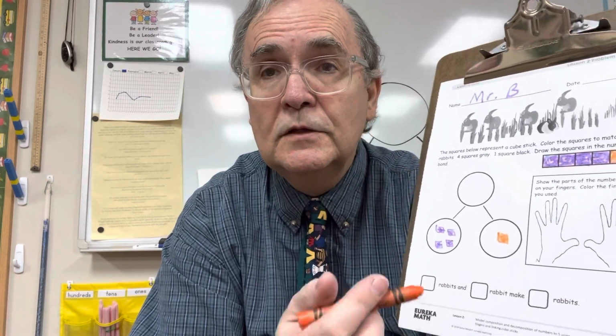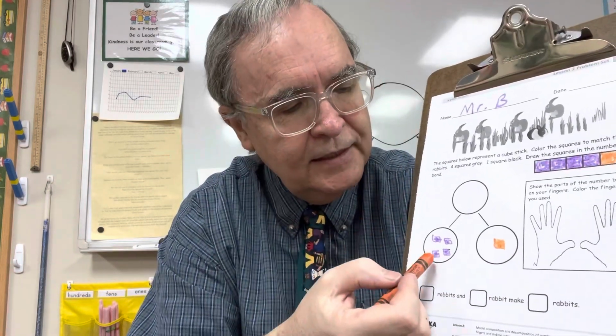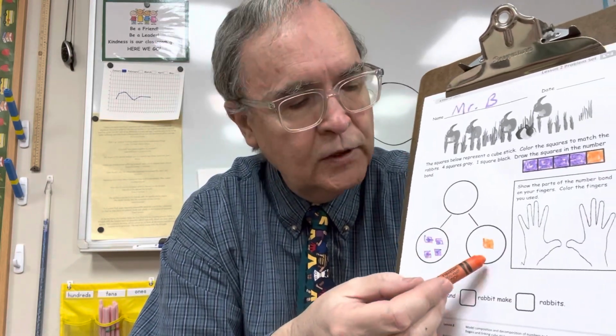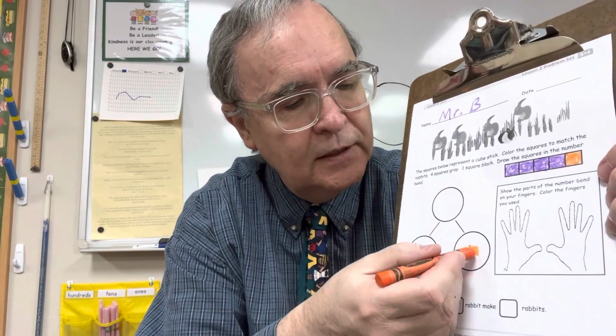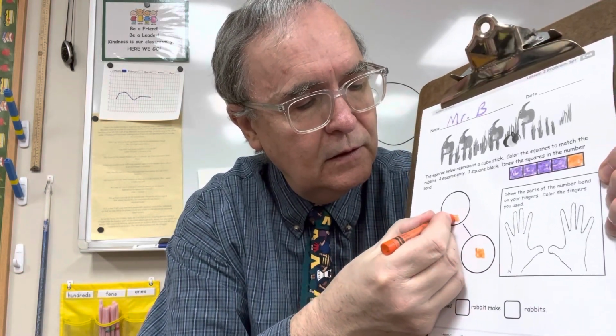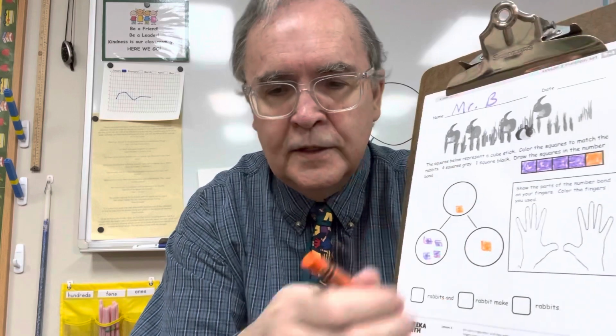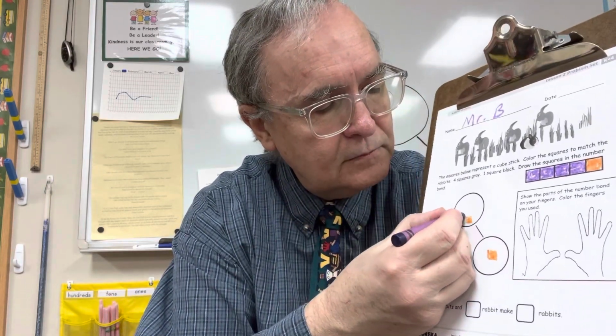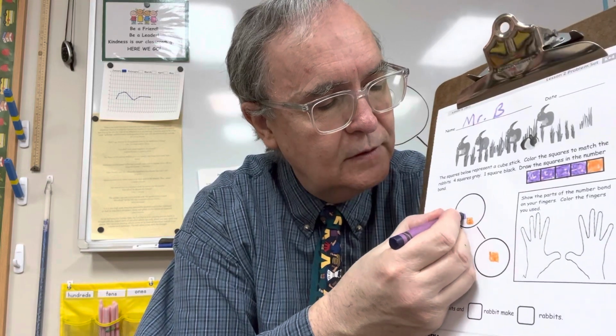And what we're going to do is we're going to take these parts, follow the path up to the hole, and we're going to get them all into the hole. So I'm going to take this one, draw it up here. 1 laying down rabbit, and then I'm going to do 4 sitting up rabbits.